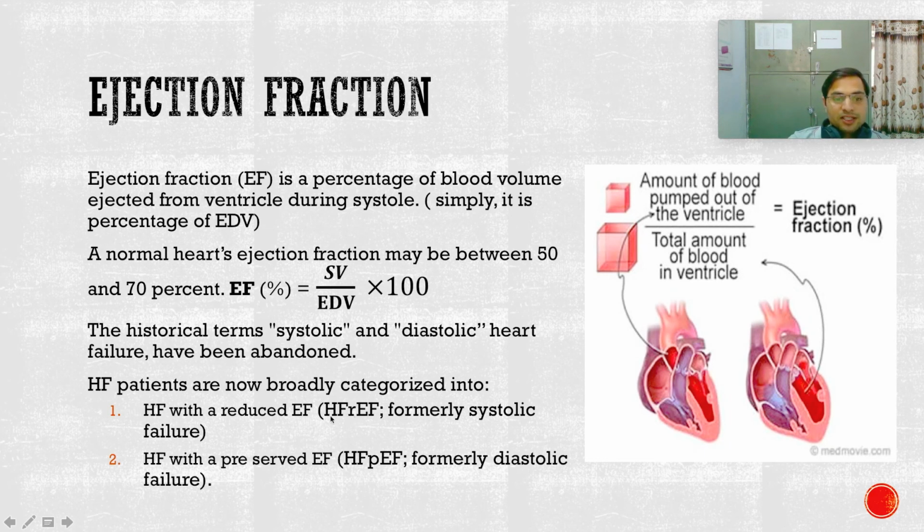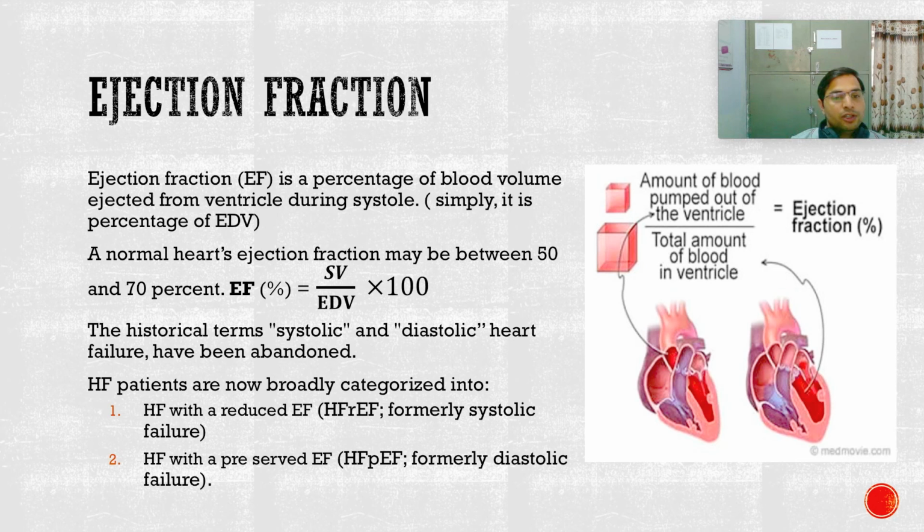Reduced ejection fraction was previously called systolic failure, whereas preserved ejection fraction was previously called diastolic failure. So these systolic and diastolic failure terms have been replaced by reduced ejection fraction and preserved ejection fraction.